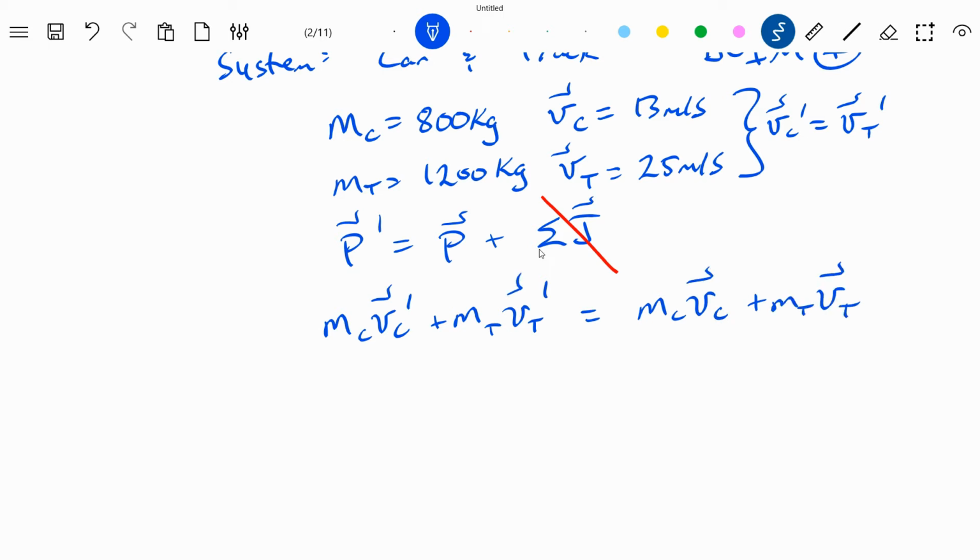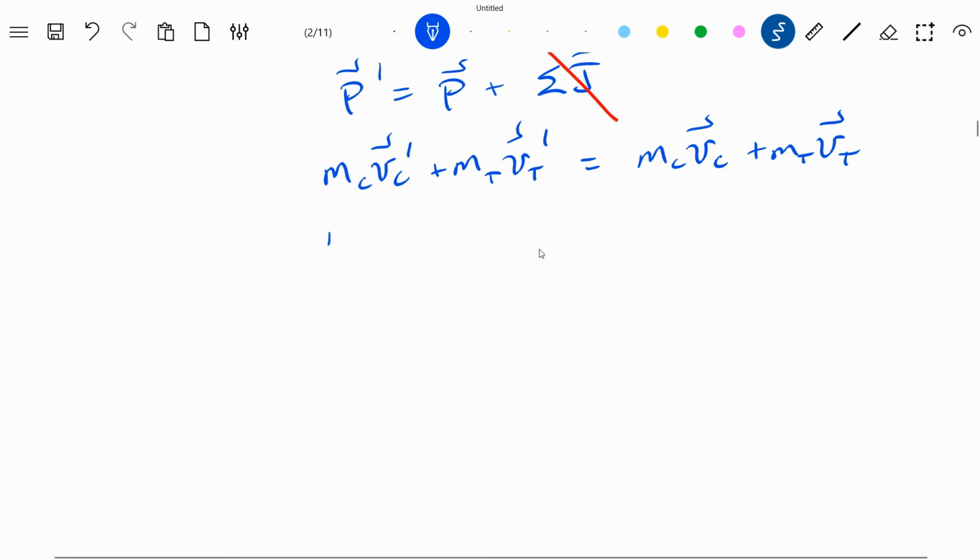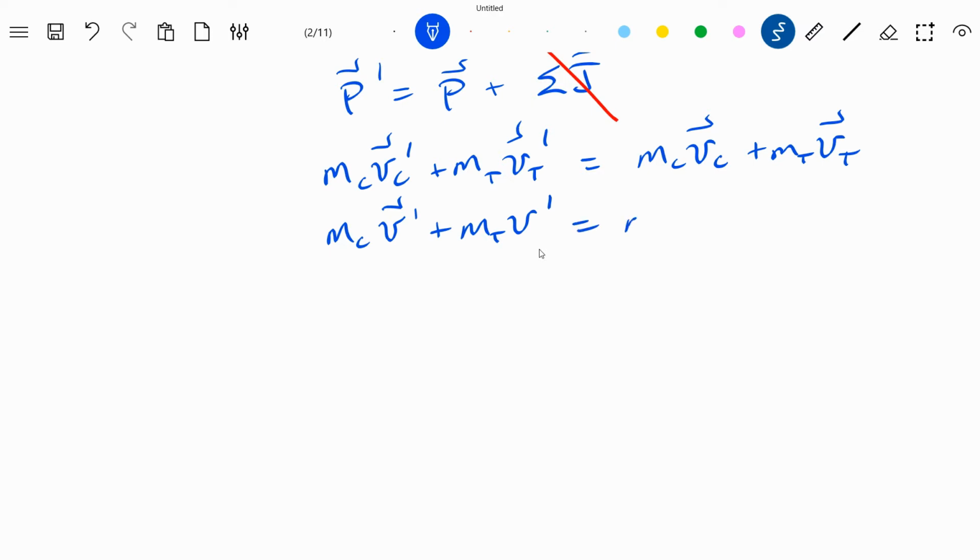Now, don't forget that the velocity of car prime and velocity of truck prime are the same, so let's call this a generic V prime, since it's not unique to either the car nor the truck. So I can say mass of car times V prime, plus mass of truck times V prime, equals mass of car times velocity of car, plus mass of truck times velocity of truck.